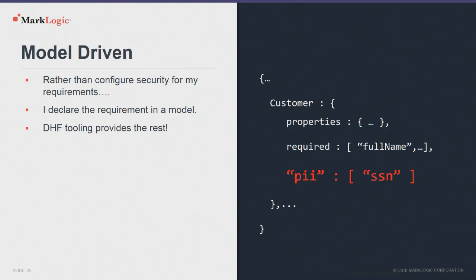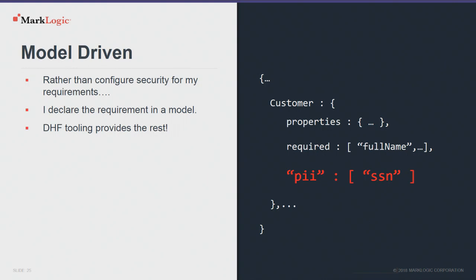Now, this is a model-driven scenario. Last year, we introduced a feature called Entity Services, where you can actually define your own schema for documents. And we're slotting this new PII feature into Entity Services. So you do a model for your customers or your support calls or whatever, and inside that properties block shows that they have ID, full name, all these kinds of things.